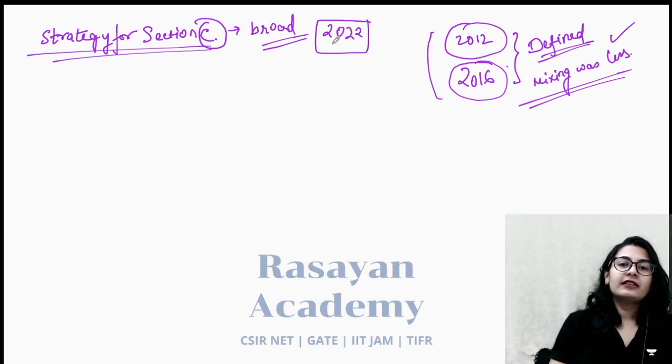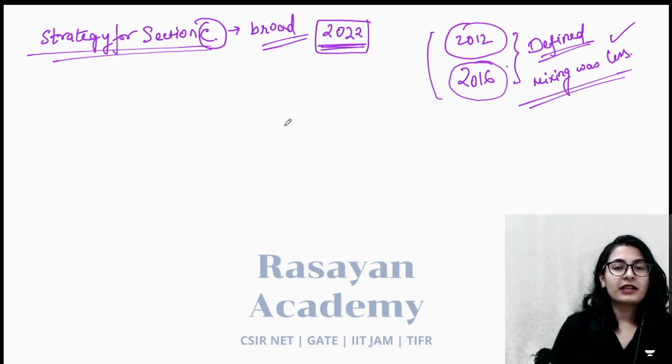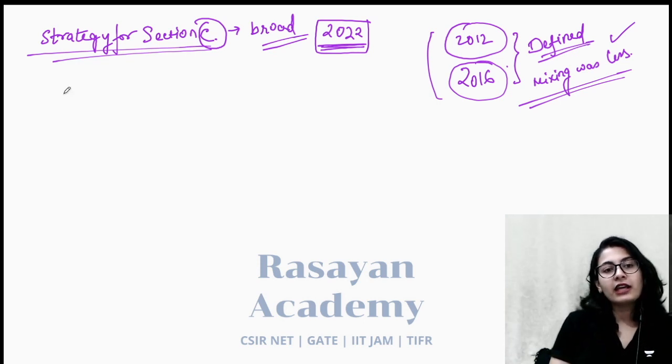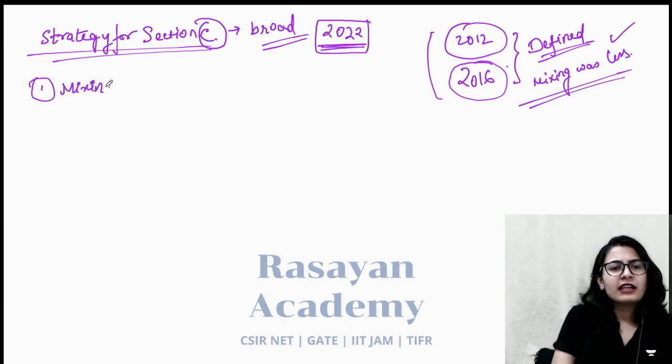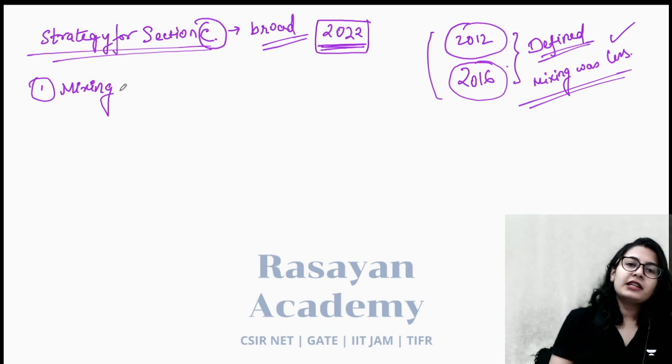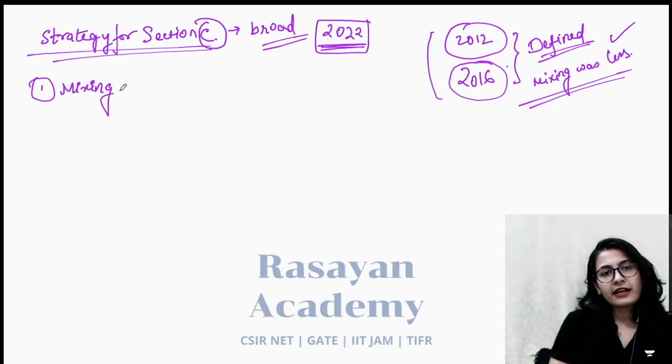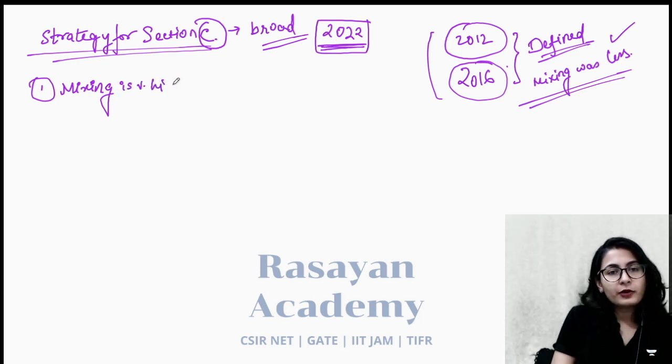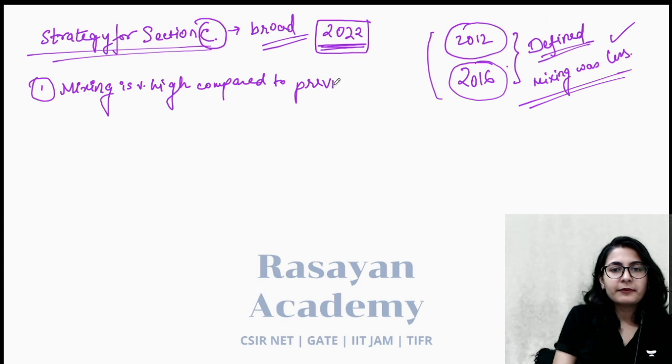Now, day by day, the question paper level is becoming more difficult, and mixing of topics is becoming more prevalent. Whichever topic you are studying, it is not necessary that you will be able to attempt a question from that particular topic specifically for organic chemistry. But yes, in physical and inorganic you might get direct questions. So mixing is very high compared to previous years.